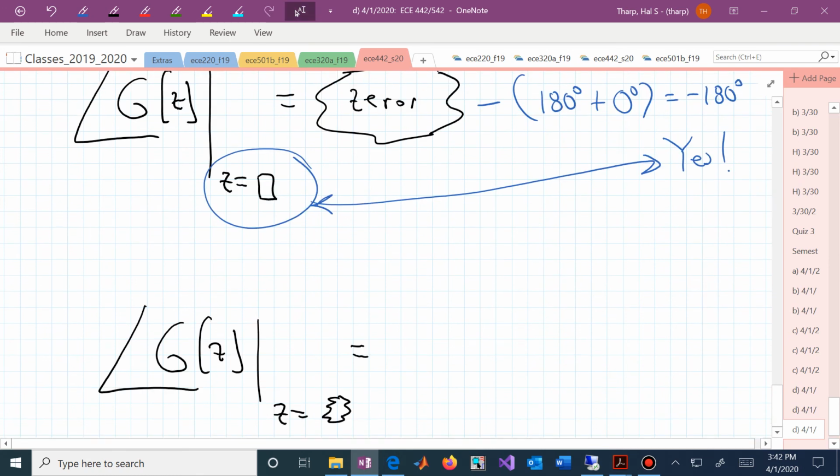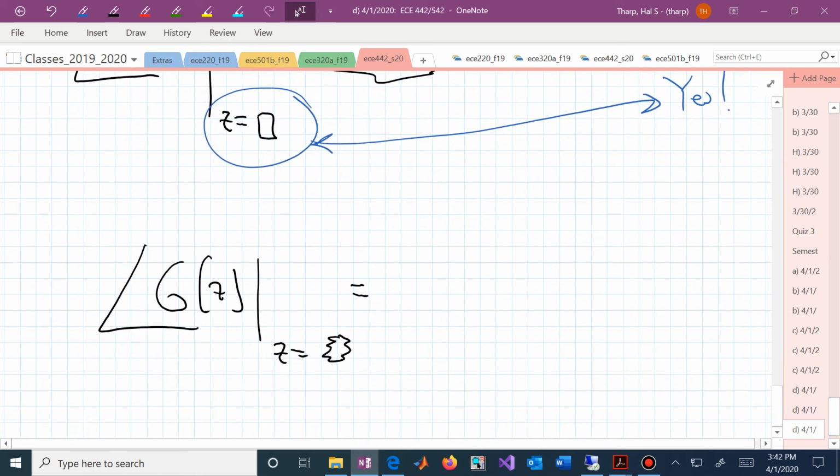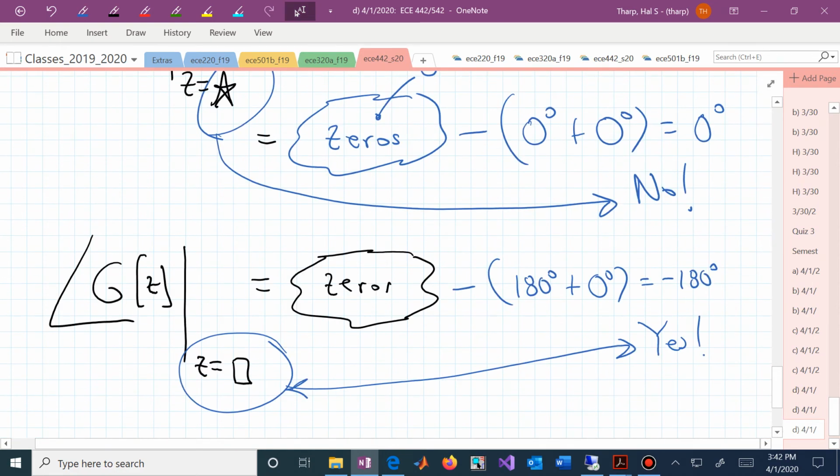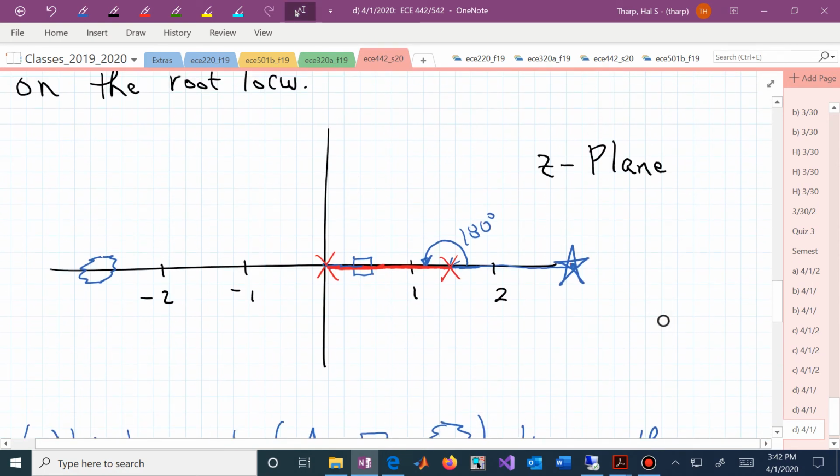What about this last location, the cloud? Again, we have no zeros to contend with. And what do we have now? If these poles are looking over to the cloud, this one has to look through 180 degrees.